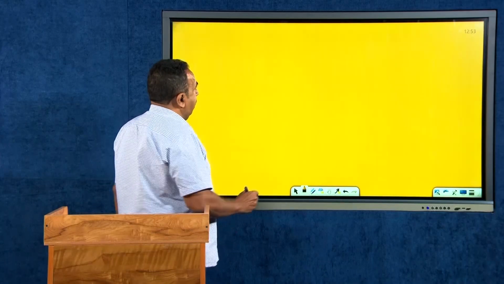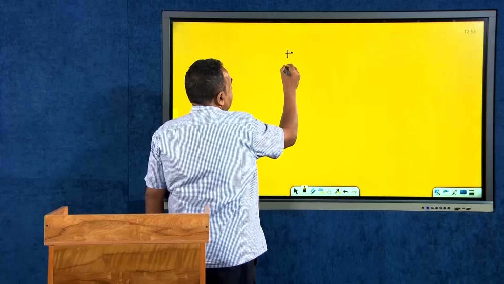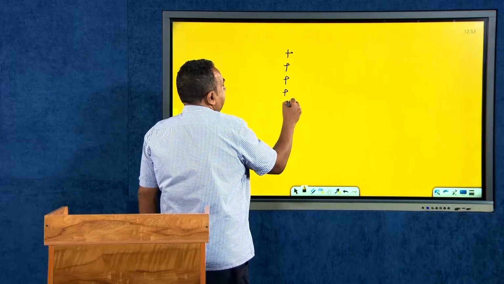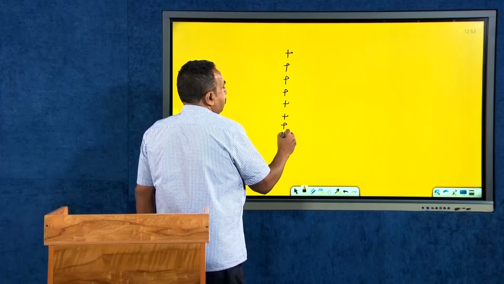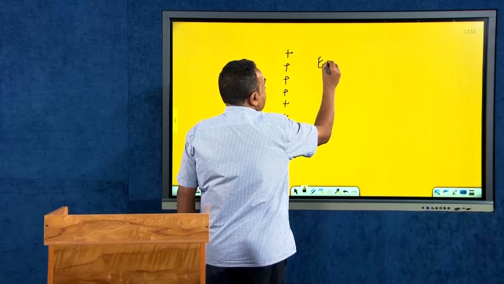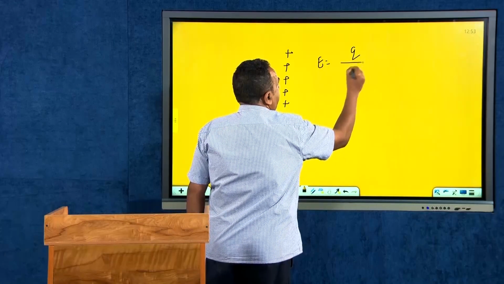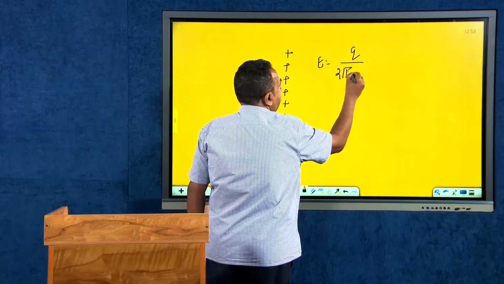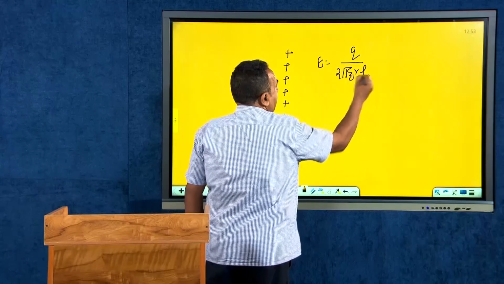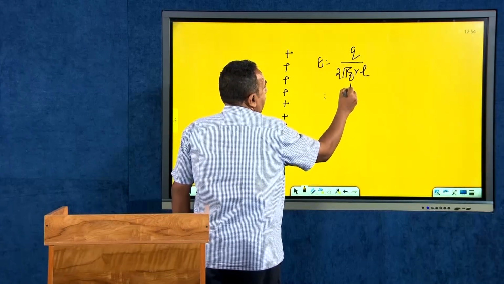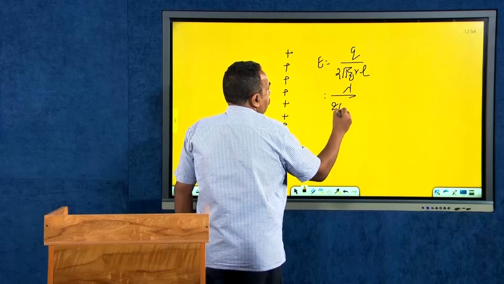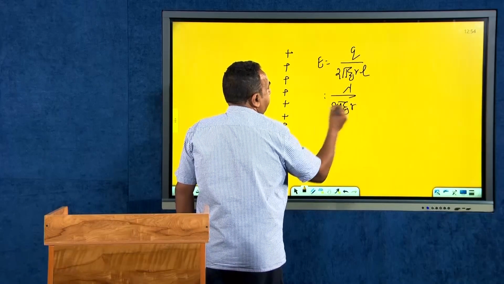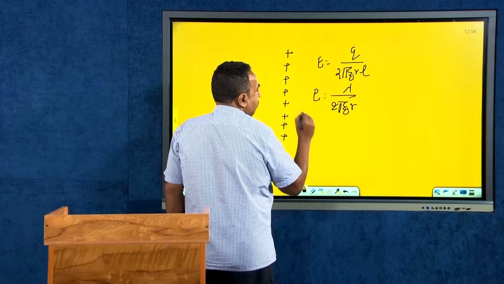Then, the electric field due to a linear charge distribution, which was given by E is equal to q divided by 2 pi epsilon 0 r into L, now becomes lambda divided by 2 pi epsilon 0 r. This is the magnitude.